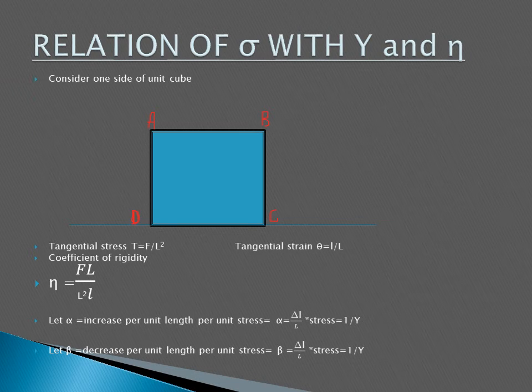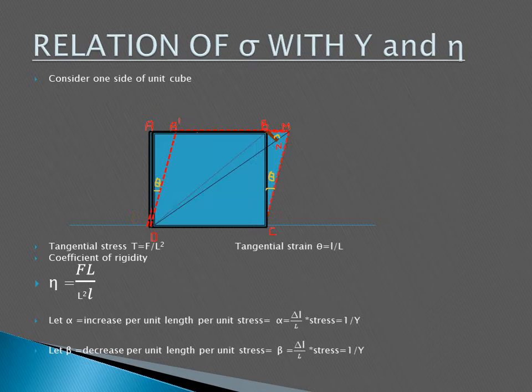Now we would relate Poisson's ratio with Young's modulus and modulus of rigidity. For this, consider the front face of a cube of length capital L when we apply a tangential force in direction AB where CD is fixed, and thus we get AB as sheared. Now we get AA dash is small l and BB dash is L and the angle between them is theta.